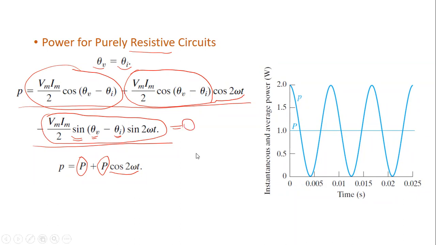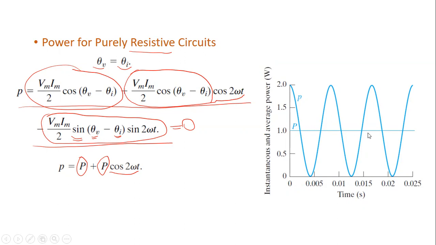So what we have here is one constant value, and a sinusoid with a double frequency, and the magnitude of the sinusoid is the same as this constant value.